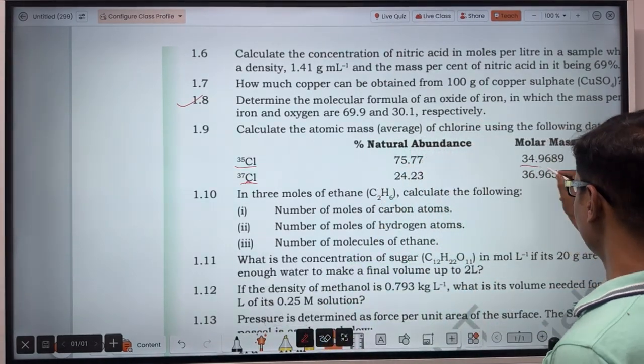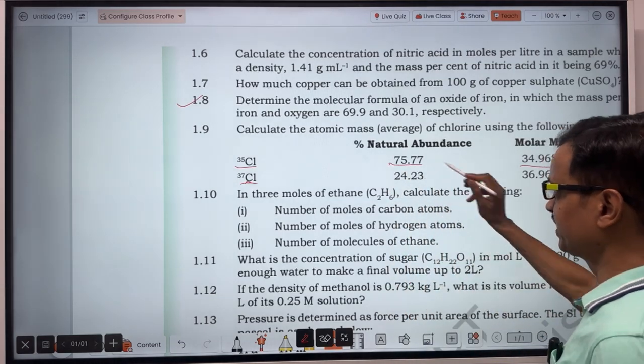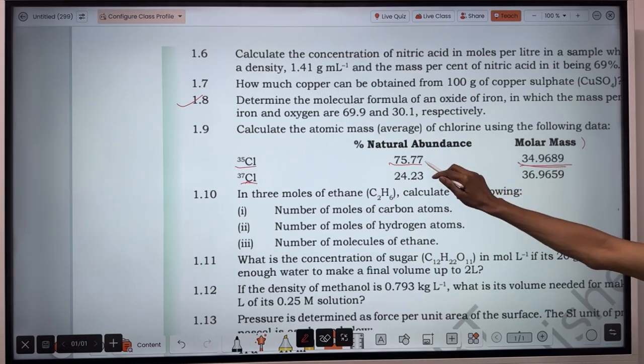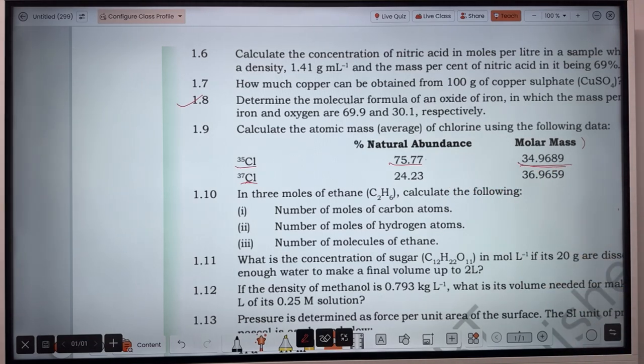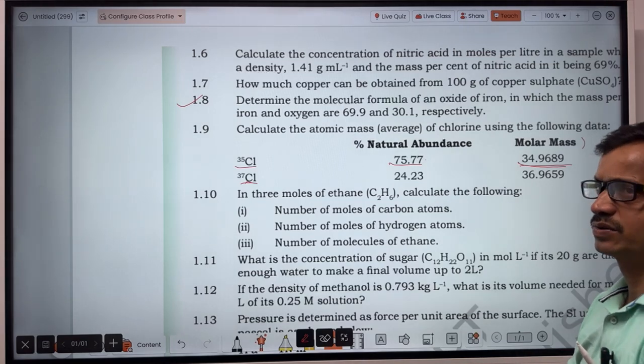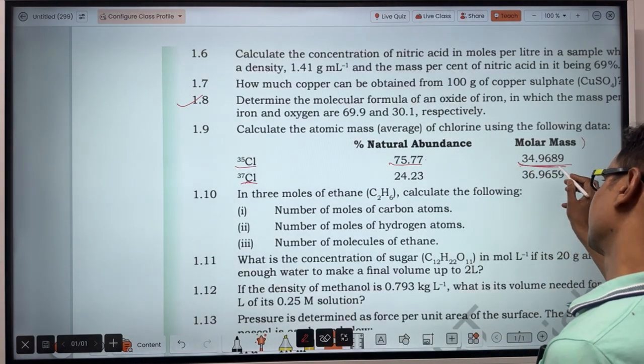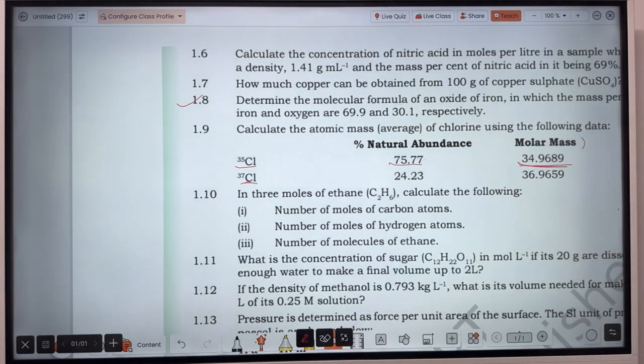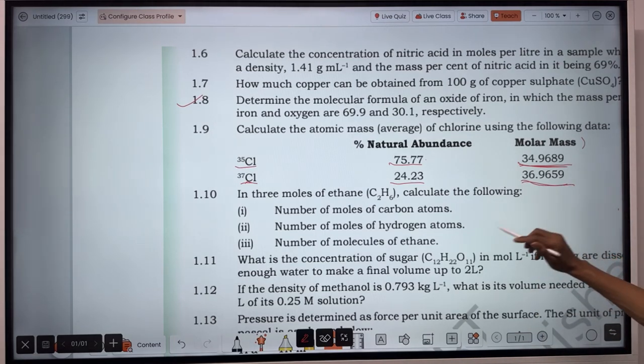This value will be added 75.77 times, so better you multiply this value by this value. That will be the total weight of all the chlorine atoms whose relative atomic weight is 34.9689. In the same way, the other value, 36.9659, will be added 24.23 times, so multiply this value by this value.